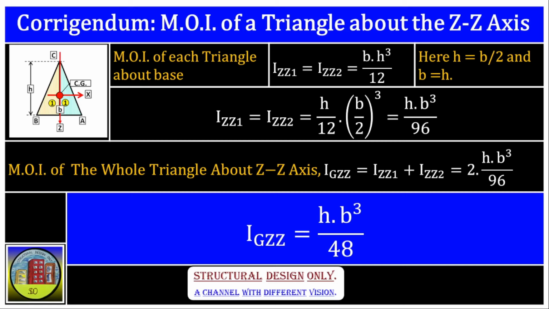Therefore, finally we have IGZZ equals to 2 into h into b cubed by 96 equals to h into b cubed by 48. Title of the next slide is Corrigendum, moment of inertia of a trapezium about the ZZ axis.